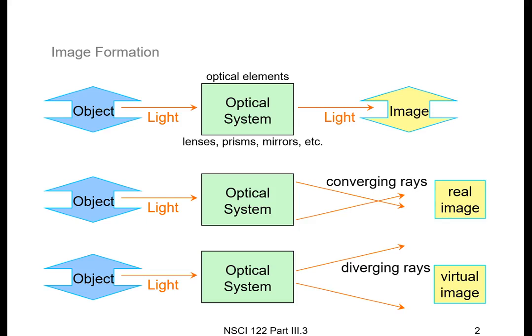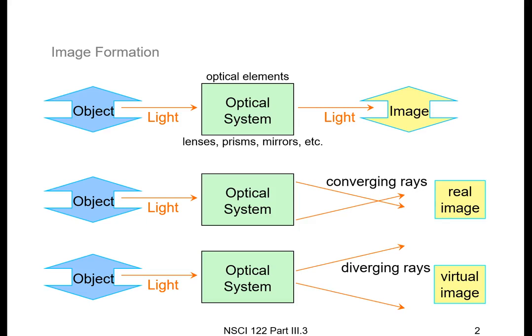So we trace them straight backwards, and those diverging rays will appear to come from a common point. That would be the location of the virtual image. We call it virtual. It's a strange name. And that's because if you were to put a piece of paper at that apparent point where you trace the rays backwards, where they appear to meet, you wouldn't see the image on that piece of paper.